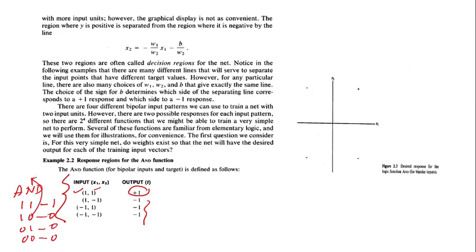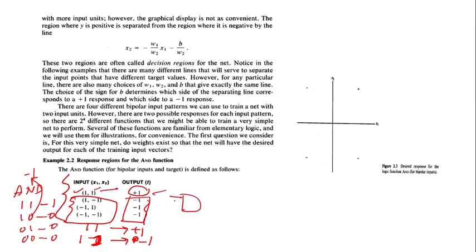Instead of writing 0 here, we are writing minus 1, just as a representation. So 1 1 gives plus 1, and the remaining blocks are minus 1. Minus 1 is nothing but 0. So only when both inputs of the AND gate are 1 and 1 will you get 1.